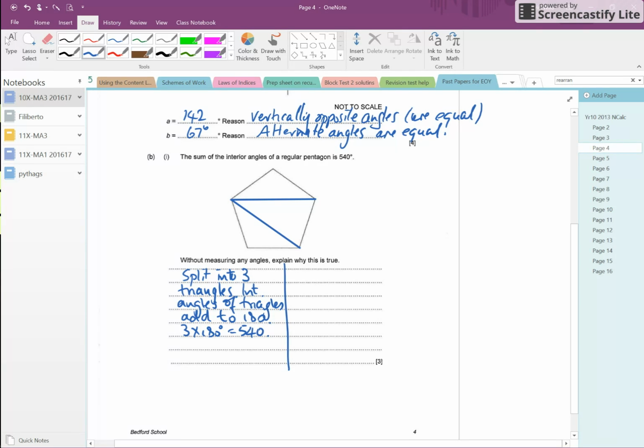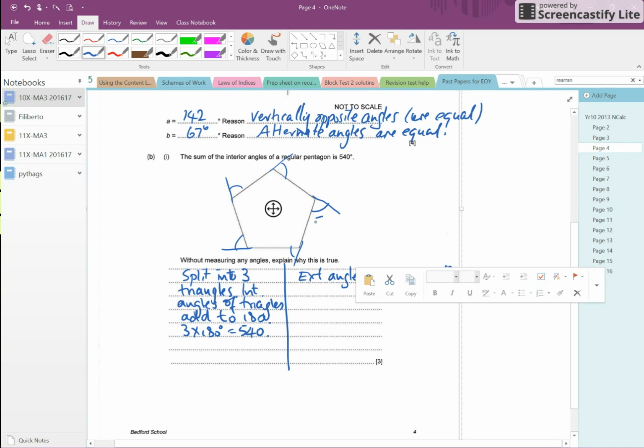The other way is to realize that these are the external angles, and all of the external angles add up to 360. So one external angle is 360 divided by how many sides we've got. That's 72 degrees. So all these external angles are 72 degrees.